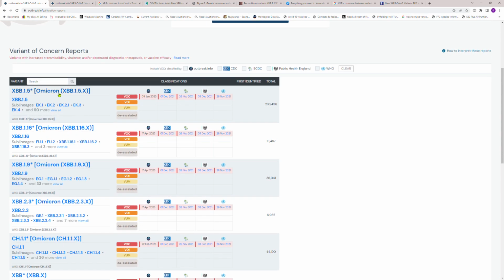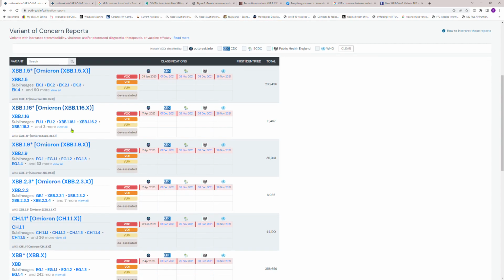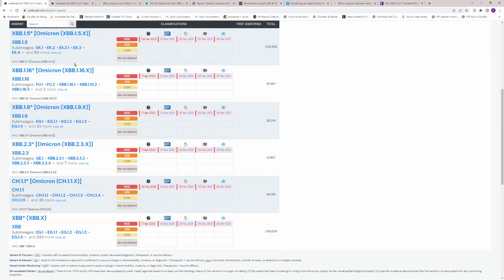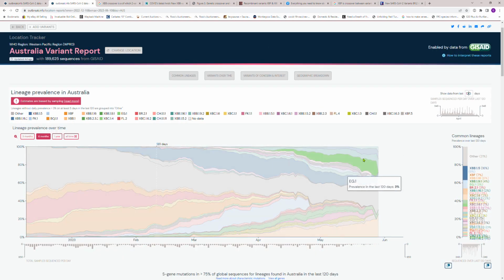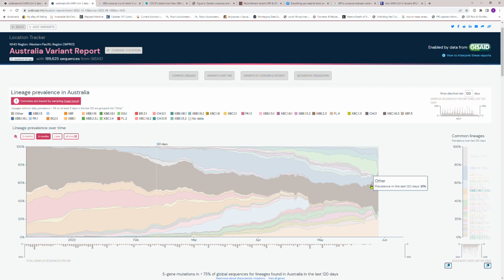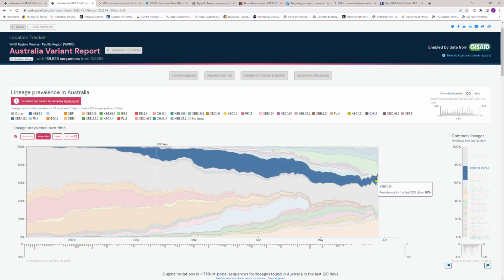The case fatality rate or the death rate of Omicron is about 1/20th or maybe even less of the Delta variant. So that is the situation at the moment. But the one that I'm thinking may explode, well, really the one that is exploding is XBB.1.16 and its sublineages.